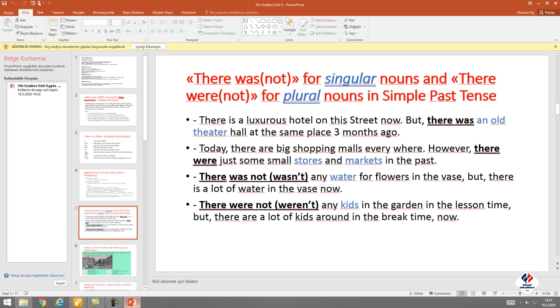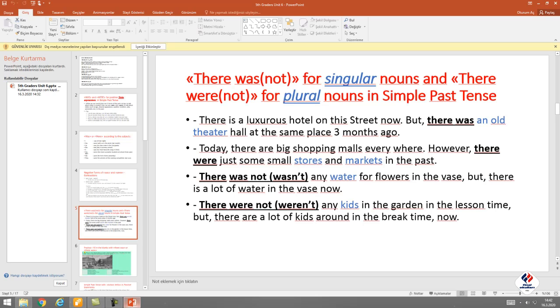Second example. Today there are big shopping malls everywhere. However, there were just some small stores and markets in the past. So again, we're comparing the present time with the past time. What about the third example? There was not any water for flowers in the vase, but there is a lot of water in the vase now.